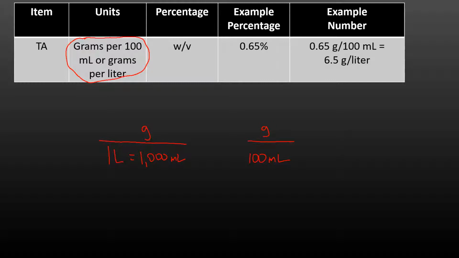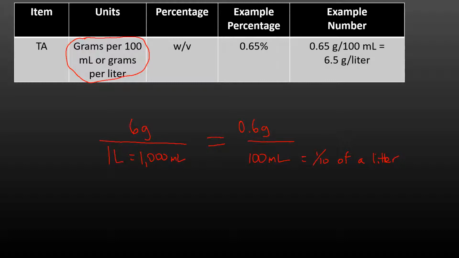So 100 mils is 1/10 of a liter. If these two ratios are the same, these are both measures of acid. So if we're measuring, say, 6 grams of acid per 1,000 milliliters, that equals 0.6 grams per 100 milliliters.